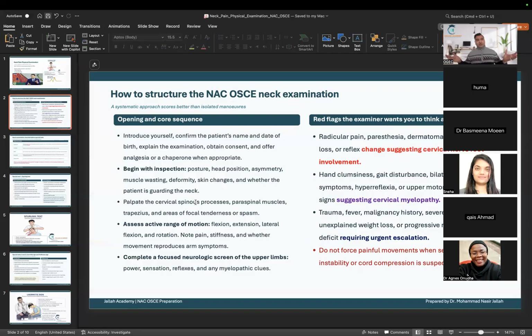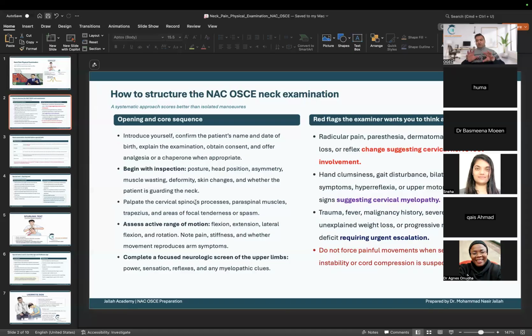I do not appreciate any abnormality on her limbs or shoulder or neck. In general, the patient looks fine and is conscious, and then move on. So posture, head position, asymmetry, muscle wasting, deformity, skin changes, and whether the patient is guarding the neck. So these are the general inspection.